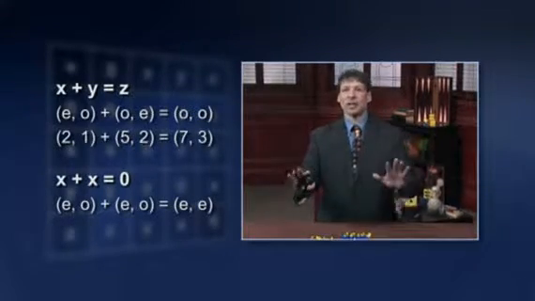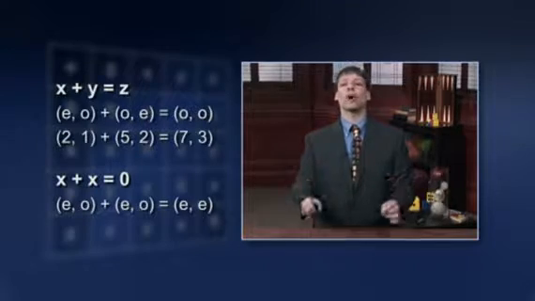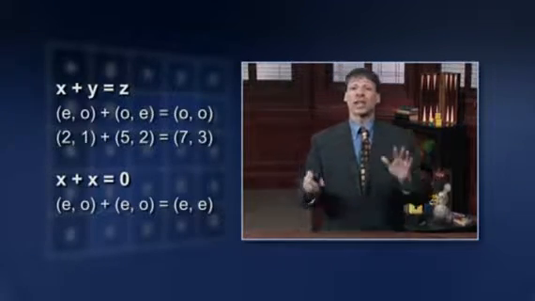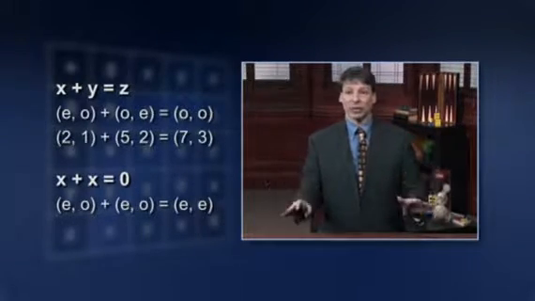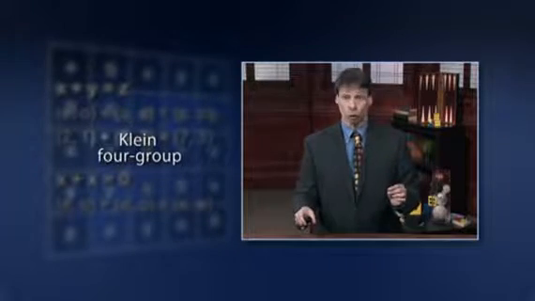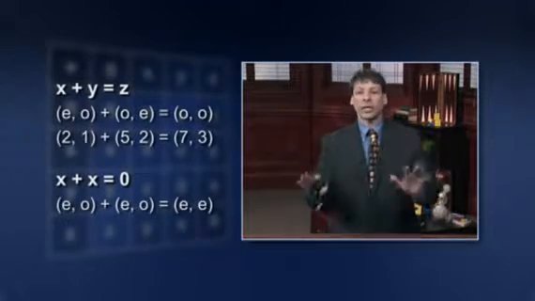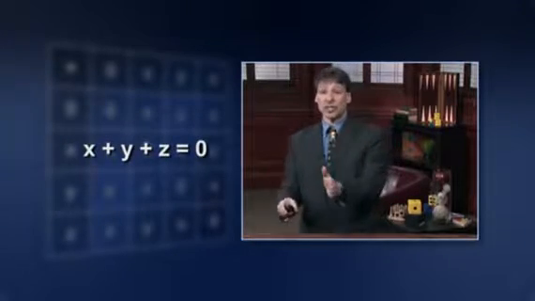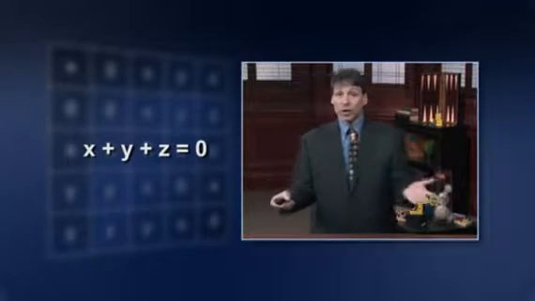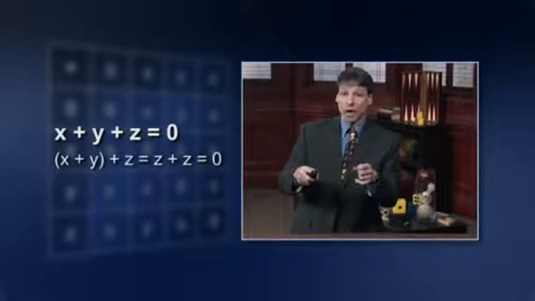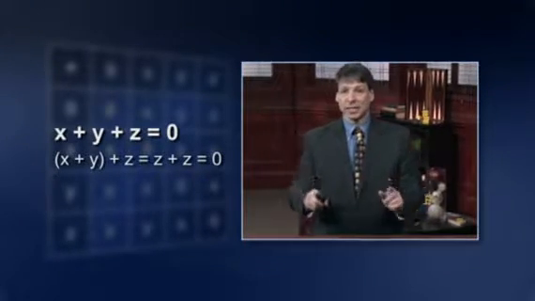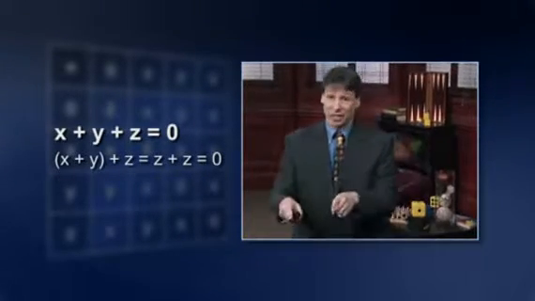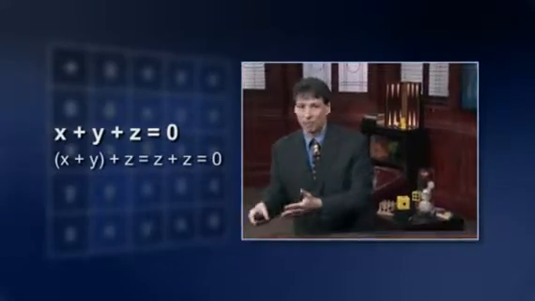Anyway, trust me when I say that the symbols X, Y, Z, and 0 form a consistent mathematical system called the Klein 4 group. I'll point out one last useful fact. I claim that X plus Y plus Z is 0. We can verify this because X plus Y plus Z is the same as Z plus Z, which is 0.